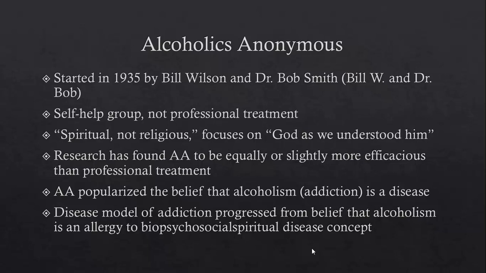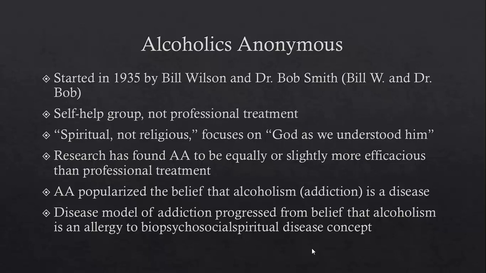So Alcoholics Anonymous, or AA, was started in 1935 by two guys, Bill Wilson and Dr. Bob Smith. Bill Wilson was a stockbroker and a failed businessman who had a terrible alcohol problem and had lost his business and had lost a lot of his wealth due to his drinking. And in 1935, he had been sober for just a little bit of time.